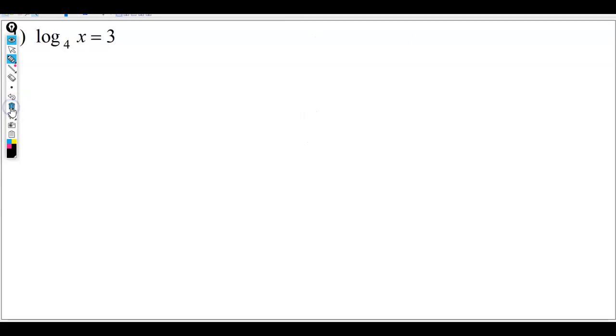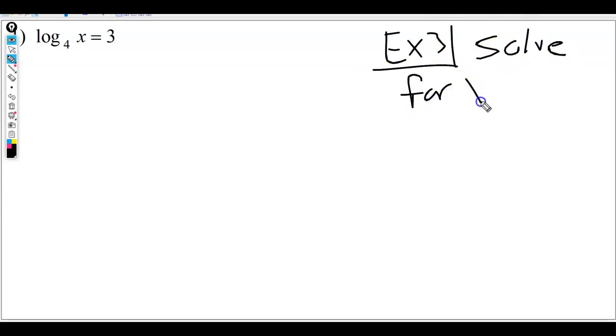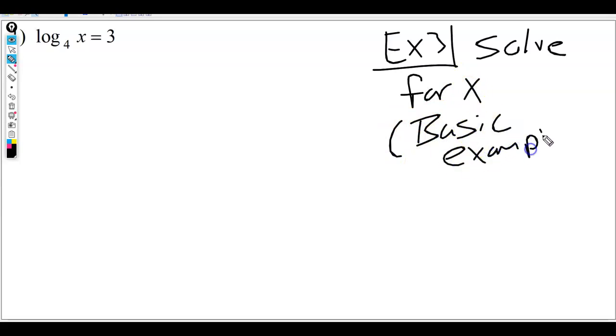So I'm going to call these ones the basic examples. Okay, a basic example is when you just have one log and the number over here.